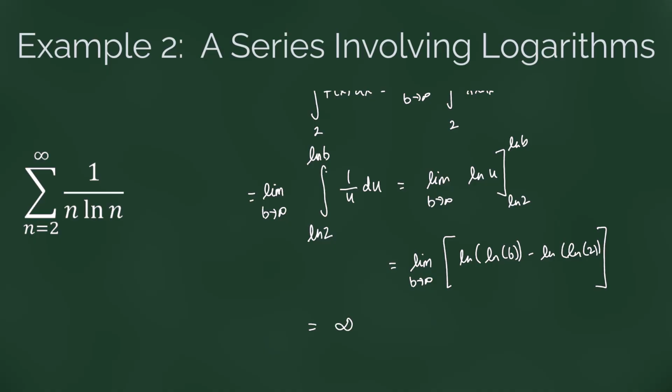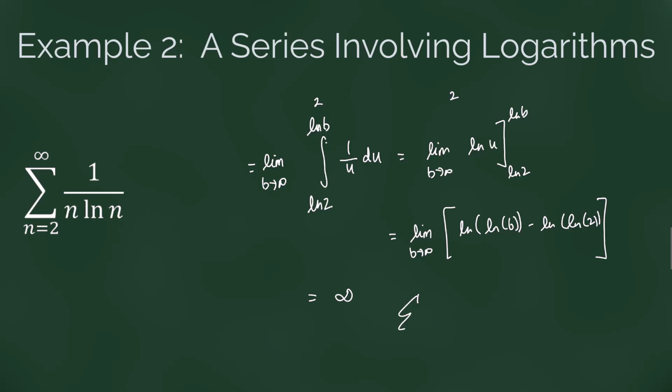So we see once again we have an unbounded integral, which means that the series from n equals 2 to infinity of 1 over n natural log of n diverges.